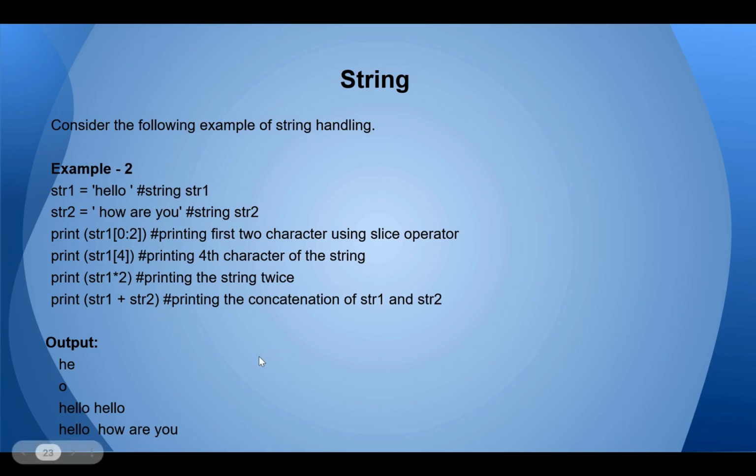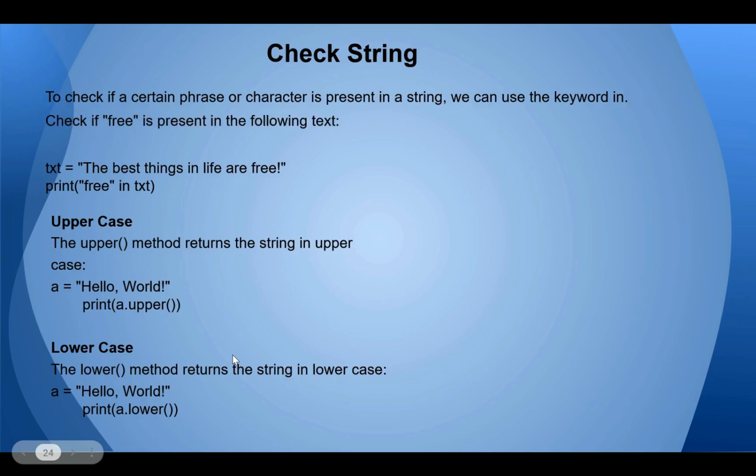So this is some of the operation in string, right? Now let's say you have to check whether a particular character or a word is present in your string or not. So let's say you have a phrase and in that phrase you want to check whether the word free is present or not.